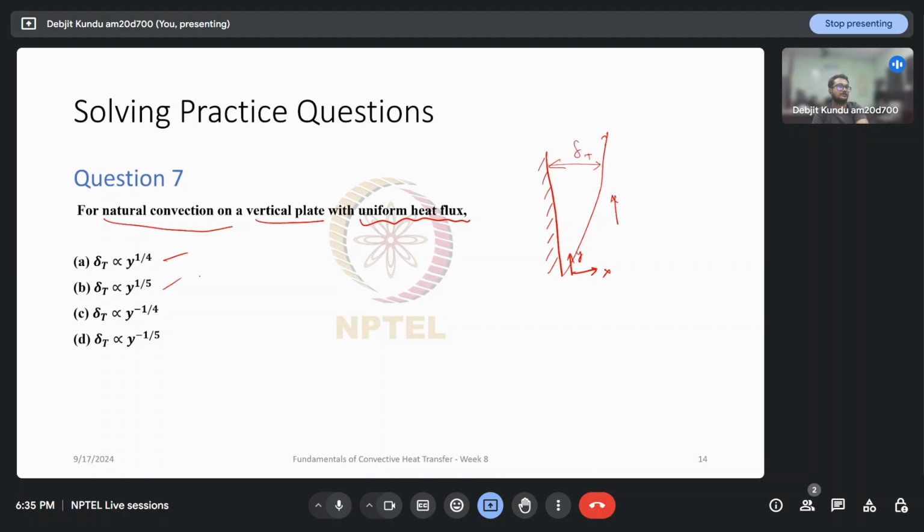Does it scale as y to the power 1/5? y to the power minus 1/4, or y to the power minus 1/5? And remember, this case is related to uniform heat flux, where q is fixed and not T wall. That would be the isothermal case, or the uniform wall temperature case, but that's not it. We are worried about the uniform heat flux case.